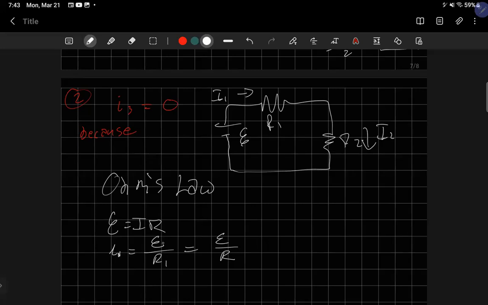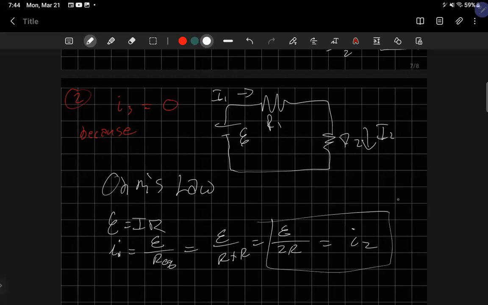Let's do equivalent resistance. So E equals I times 2R, R plus R, which is equivalent to 2R. And then that should be equivalent to I2 because they have the same resistance. I2 equals I1. And then I3 equals 0.